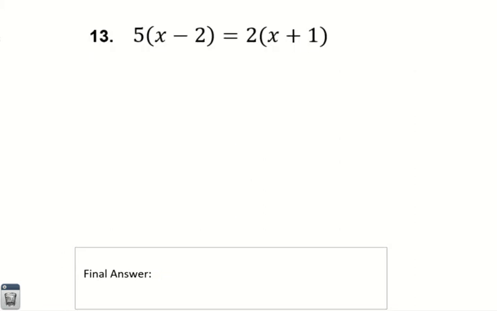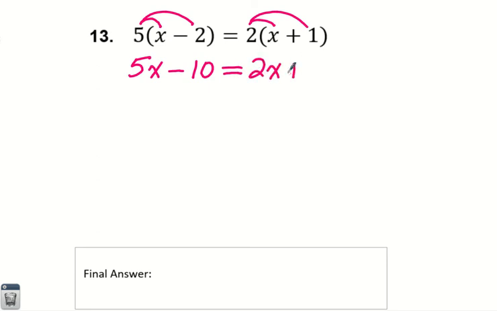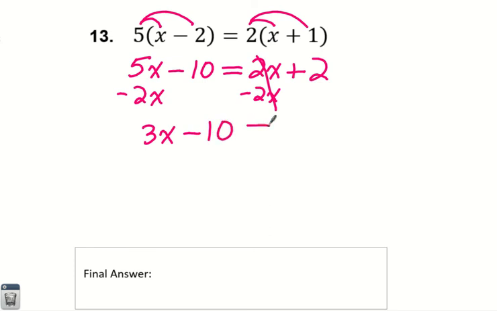Number 13, looks like we have to start by clearing the parentheses by distributing. And now we move that to the other side, and so that's 3x. Okay.